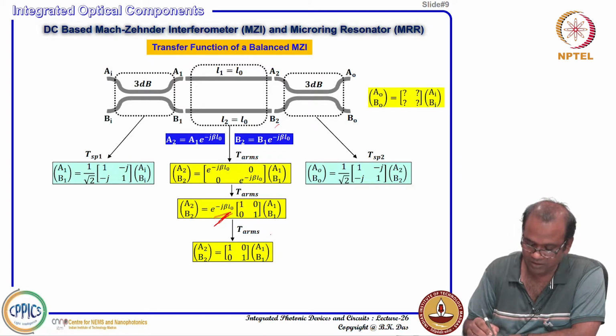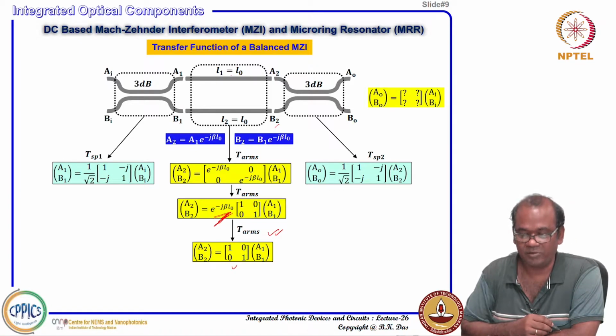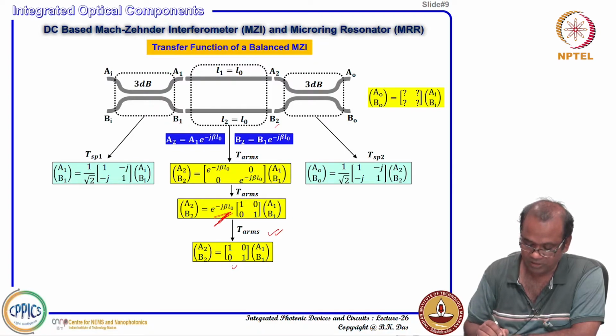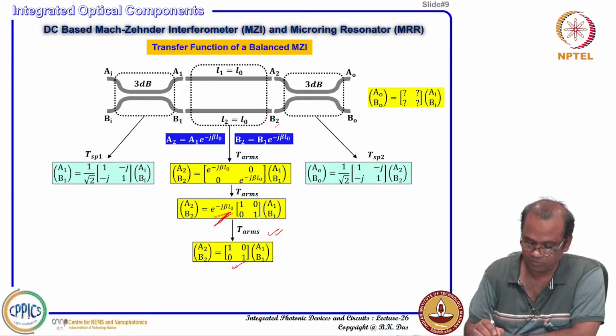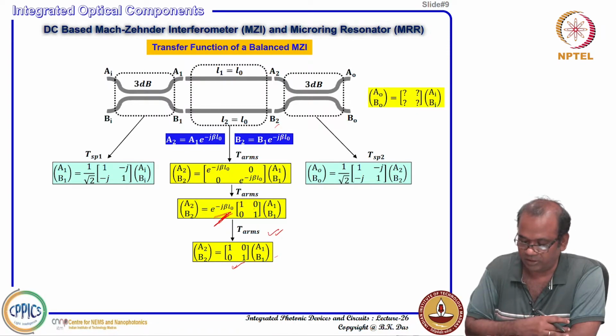So, ultimately I can say the transfer matrix for the Mach-Zehnder interferometer arms, that means both arms in short, can be written like this: the identity matrix, 1 1 0 0, relating A2, B2. The common e to the power minus j beta L0 we are ignoring; you must keep that in mind.